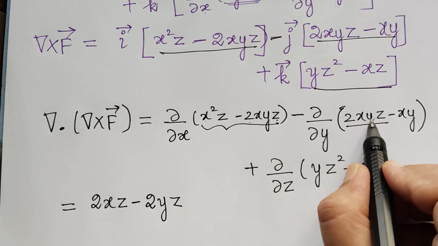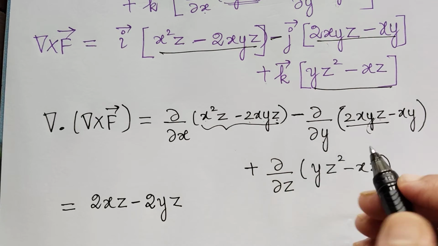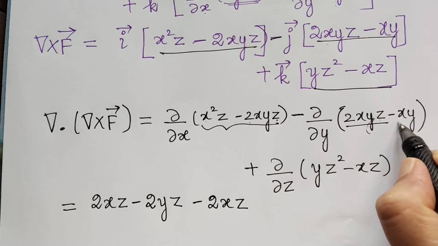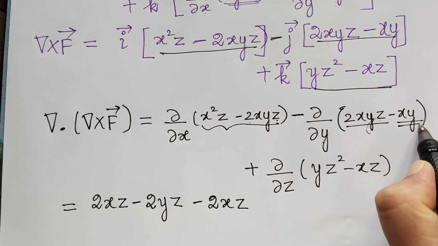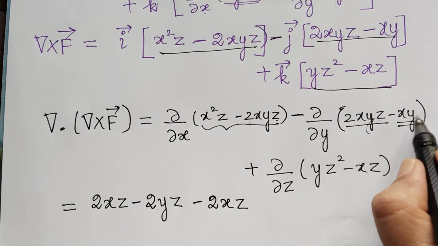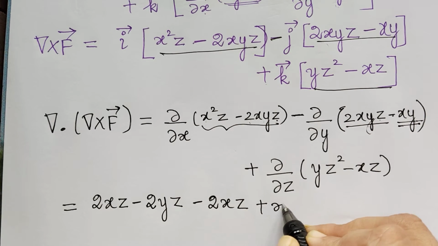When we differentiate y, it will be 1, so 2xz, and with this minus sign here, it will be minus 2xz. And what is the partial differentiation of this with respect to y? For y it is 1 and x will come as it is. This minus into minus will become plus, and so we will have plus x.